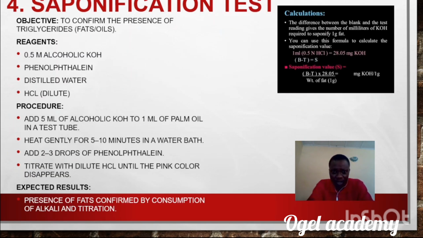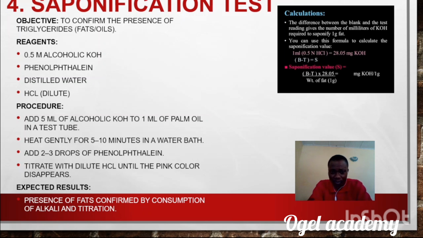Saponification test, which is to confirm the presence of triglycerides of the fat and oil. Here are the reagents required, and the procedure is to add 5 ml of alcoholic potassium hydroxide to 1 ml of palm oil in a test tube, then heat gently for 5 to 10 minutes in a water bath. Then add 2 to 3 drops of phenolphthalein indicator.